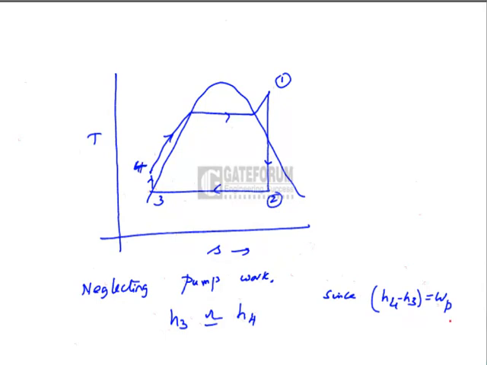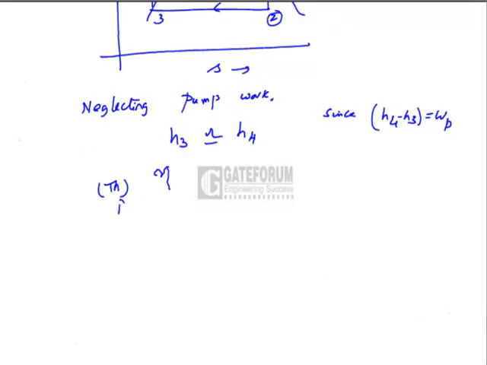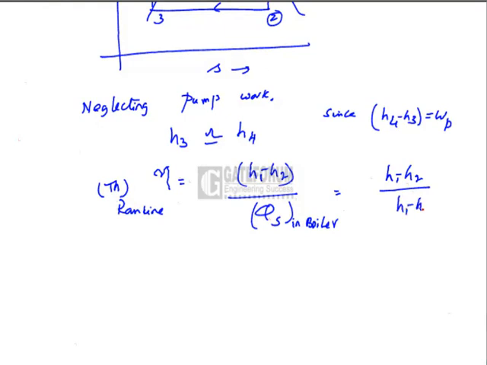When pump work is very minimum, then H4 is almost equal to H3. Then the thermal efficiency of the ideal Rankine cycle can be written as H1 minus H2, that is work of turbine, divided by heat supplied in the boiler. It can be written as H1 minus H2 divided by H1 minus H3, assuming that H3 is almost equal to H4 because pump work is very low.